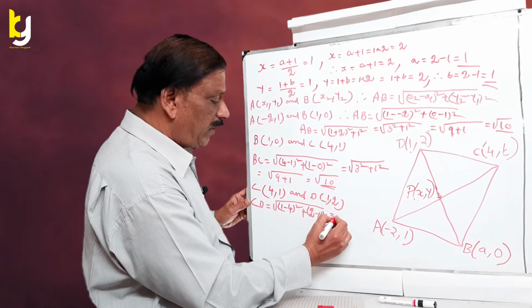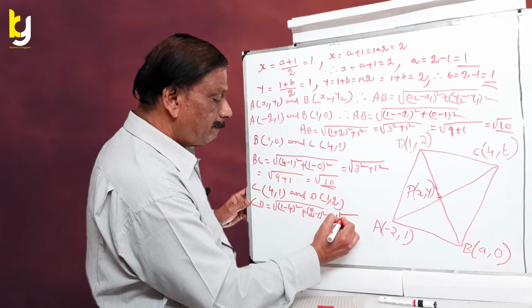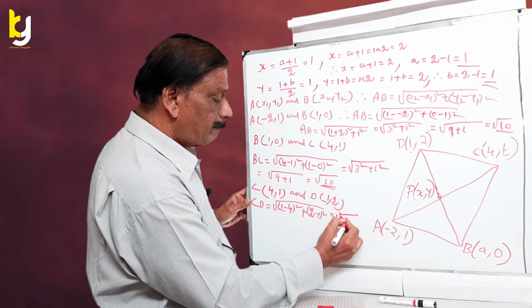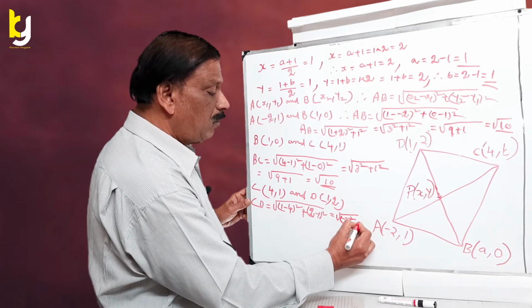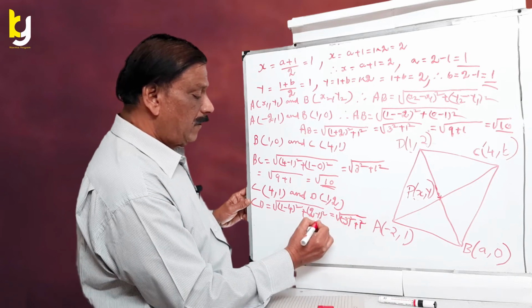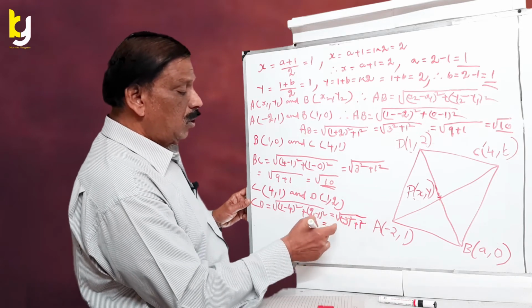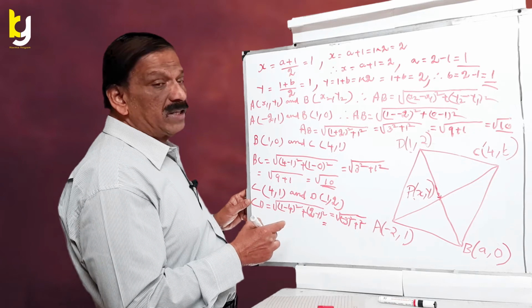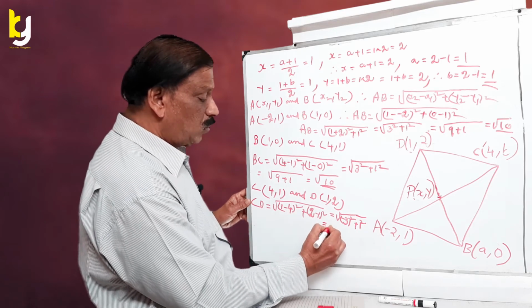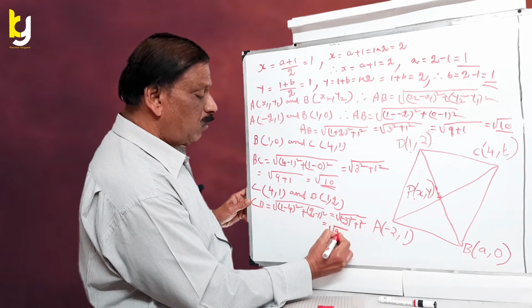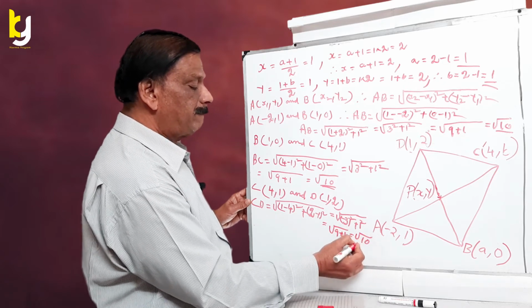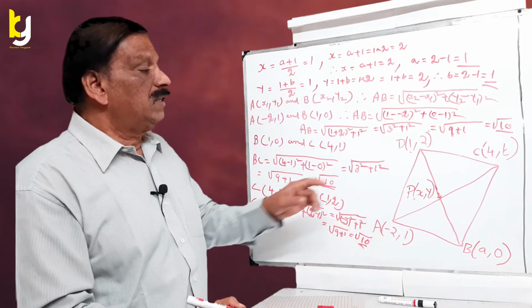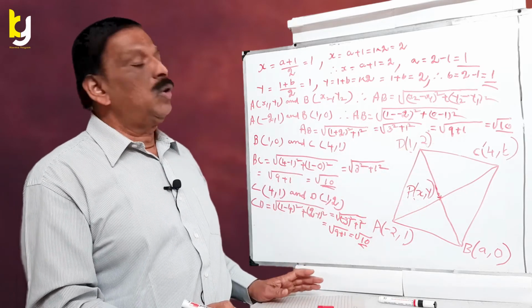Minus 3 whole square plus 2 minus 1, 1 square. That is equal to root of minus 3 whole square, that is 9. That is root of 9 plus 1, that is equal to root of 10. So, the length of CD is equal to root of 10.